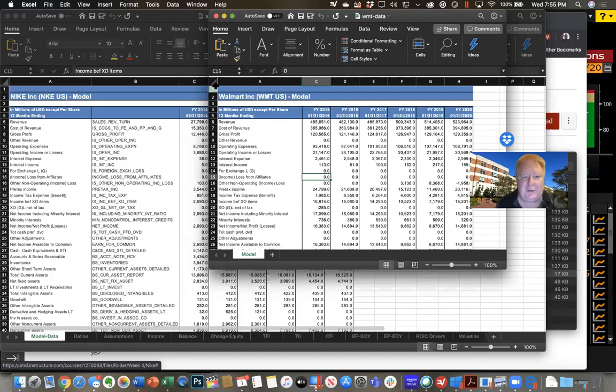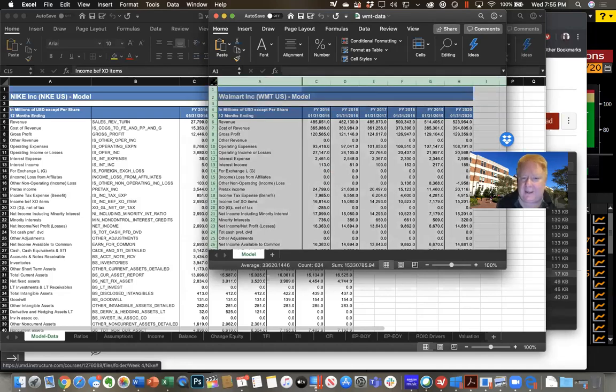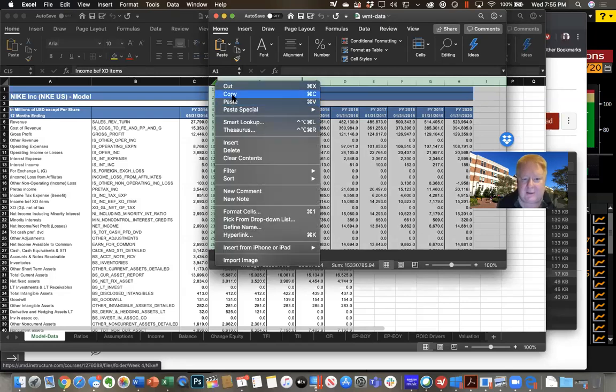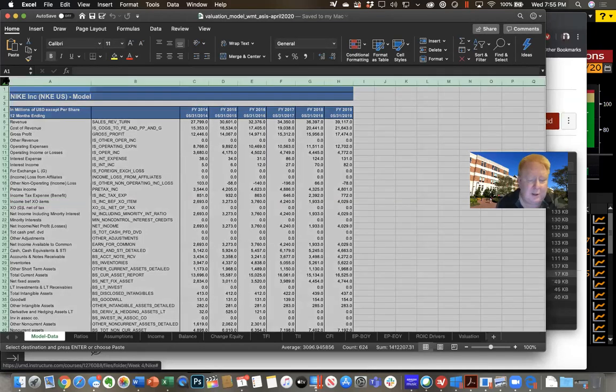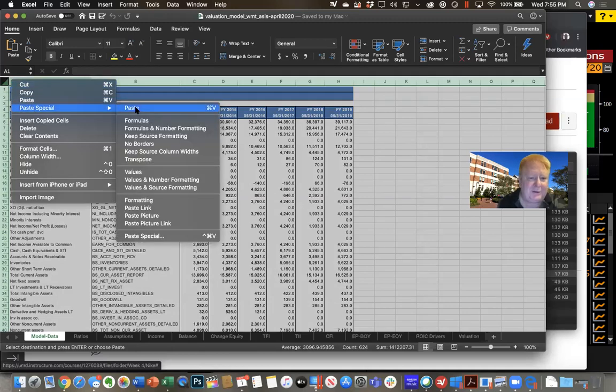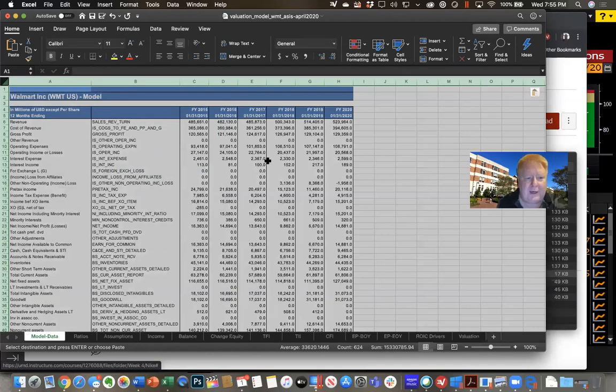You select the whole tab of the data and copy it. Then you come to the Nike model, select the whole data tab, right click, and paste special values. That overwrites the old company's data with the new company's data. So now Walmart's data is in the model, as opposed to Nike's. That's the first thing we need to do: update the Walmart data.